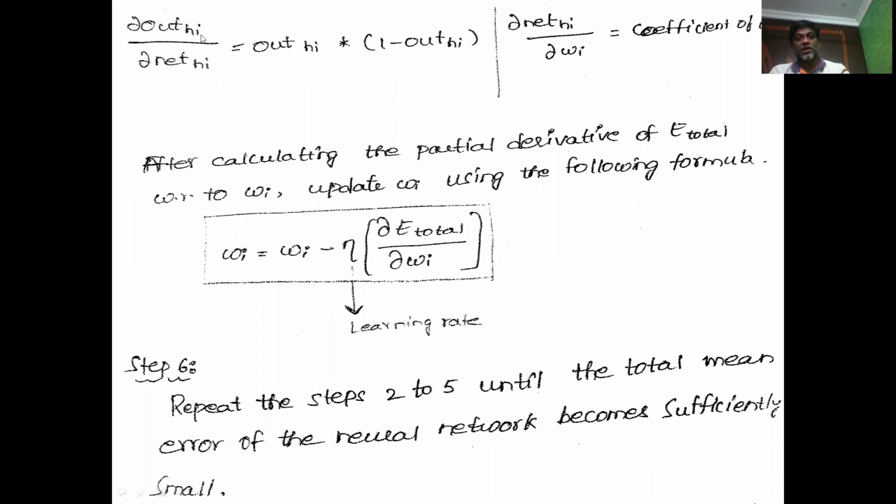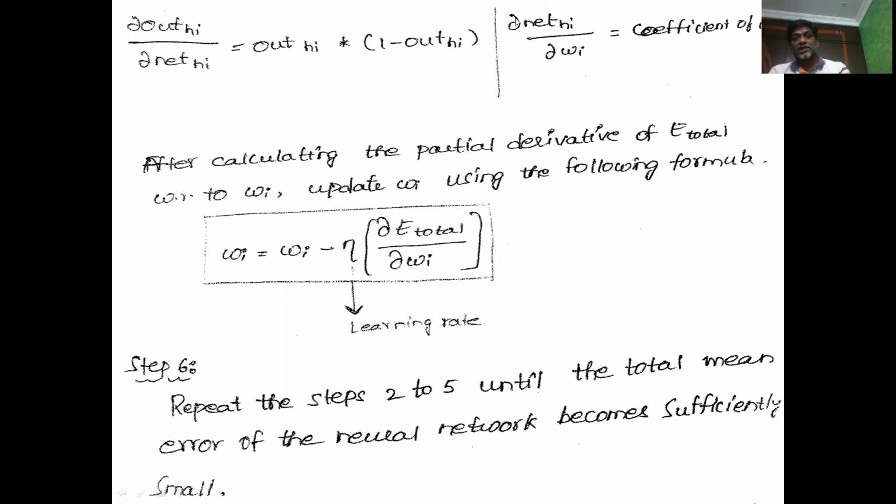Why this formula? The reason is out_Hi is a sigmoidal function of the hidden layer. Anyhow, it is the same activation function used across all the neurons. Therefore, we use the same formula: f'(x) is equal to f(x) into 1 minus f(x). So ∂out_Hi/∂net_Hi is equal to out_Hi into 1 minus out_Hi. The formula is the same.